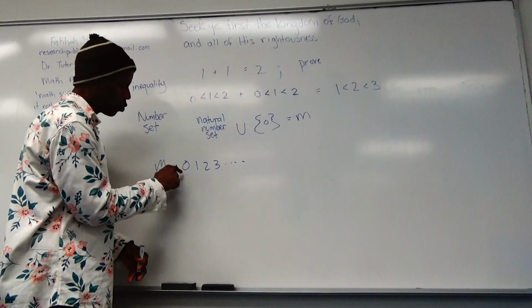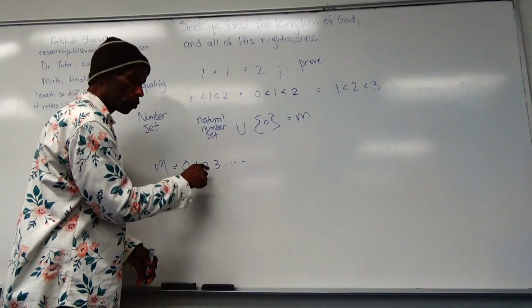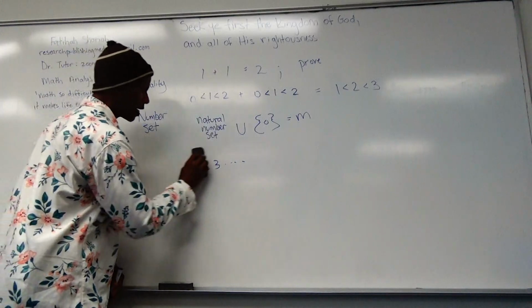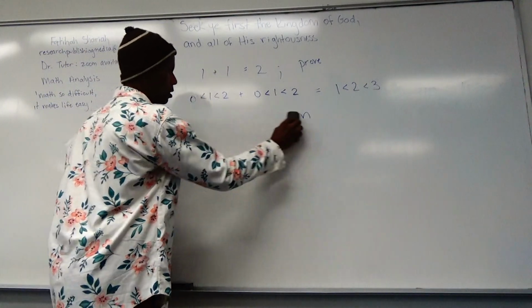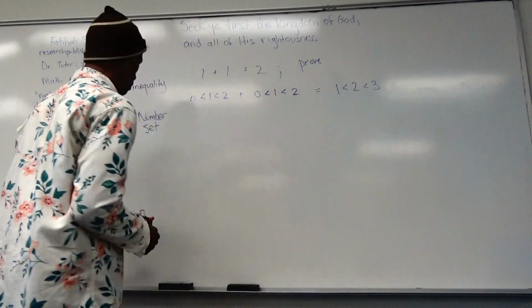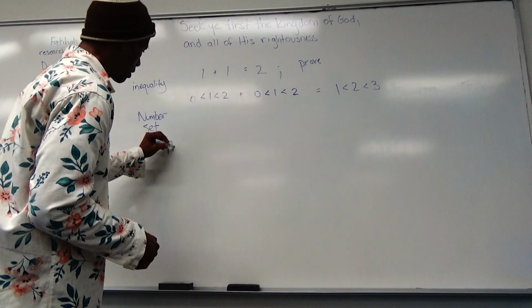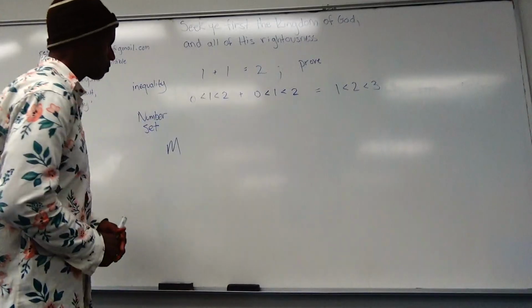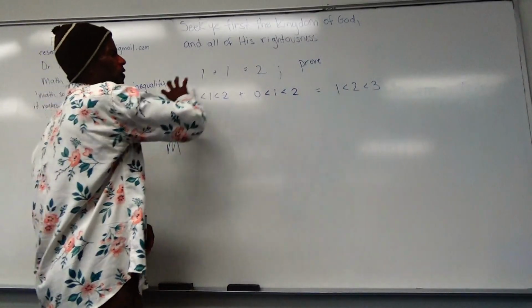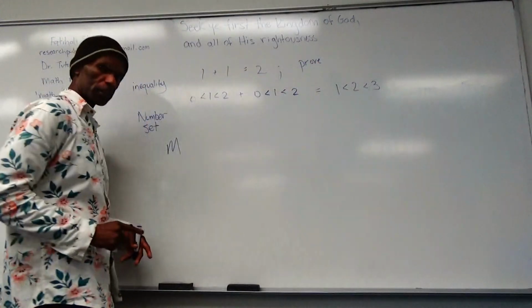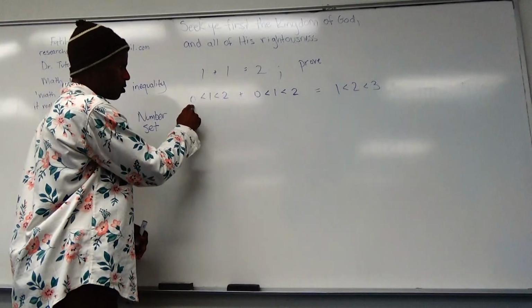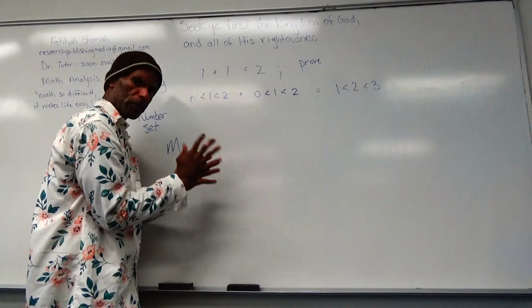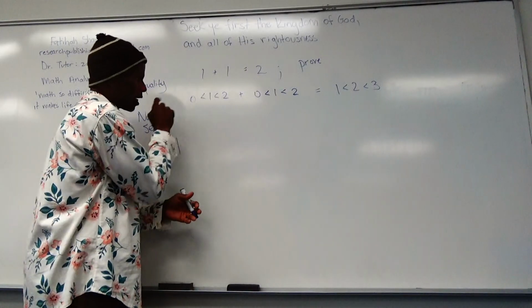And that'll give you 0, 1, 2, 3 to infinity. So I'm going to take that down, and I'm just going to put M as our new set. Okay, so we have a set M, and set M defines our inequality because we're using 0, 1, 2, 3 natural numbers and the set 0.